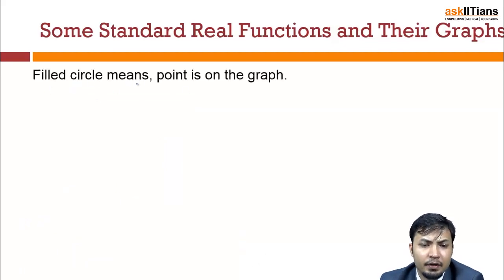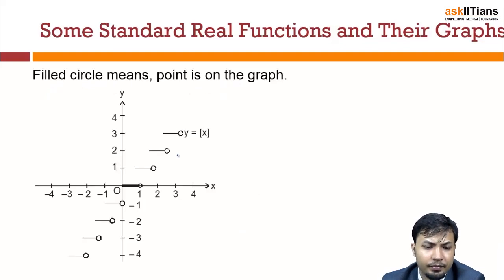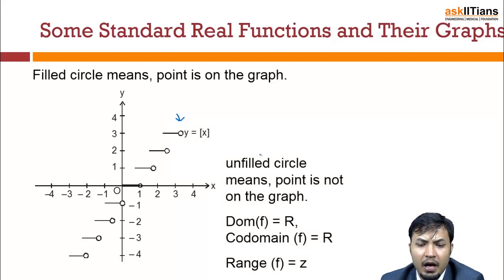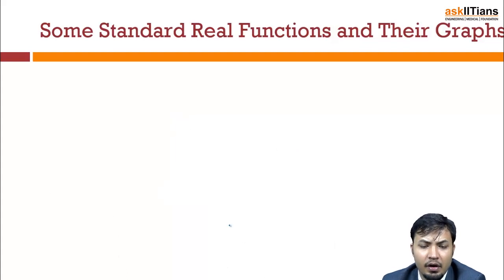Filled circle means the point is on the graph. You see, this is another example for the greatest integer function. Unfilled circle means the point is not on the graph. So in this case the domain is R, codomain is R, and the range is Z.